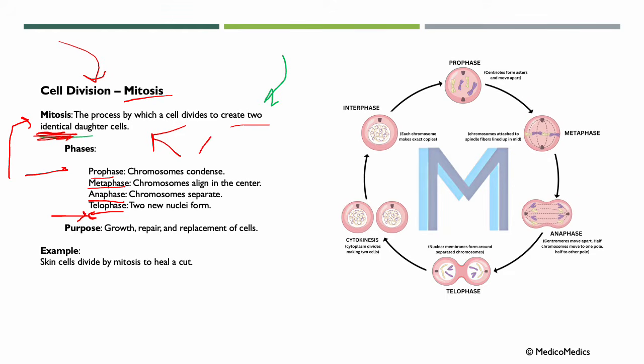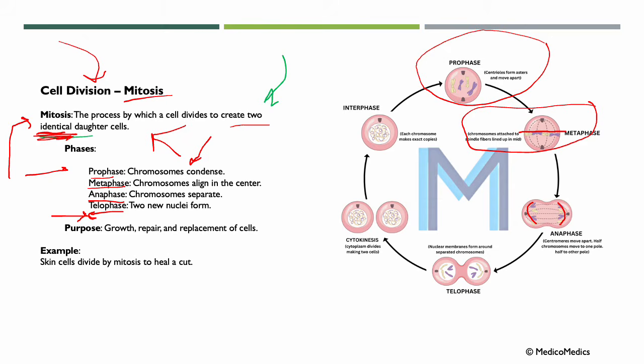So in prophase, the chromosomes condense. In the metaphase, these chromosomes align in the center. During anaphase, these chromosomes separate, each to a side.